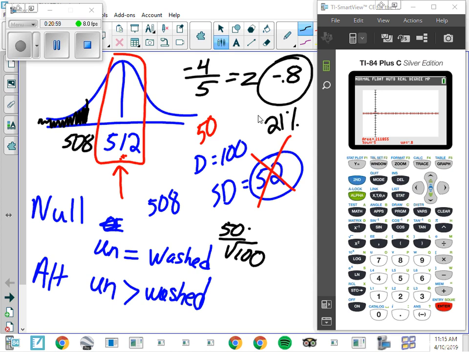So if I run around and measure a whole bunch of males, and I think that the average male height in the United States is 70 inches, and my sample ends up with 72 inches, and then I do a z-score and I get an area of 3%, I reject the null and say 70 is wrong. What's the true average? We don't know. We just know we're pretty sure it's not 70.